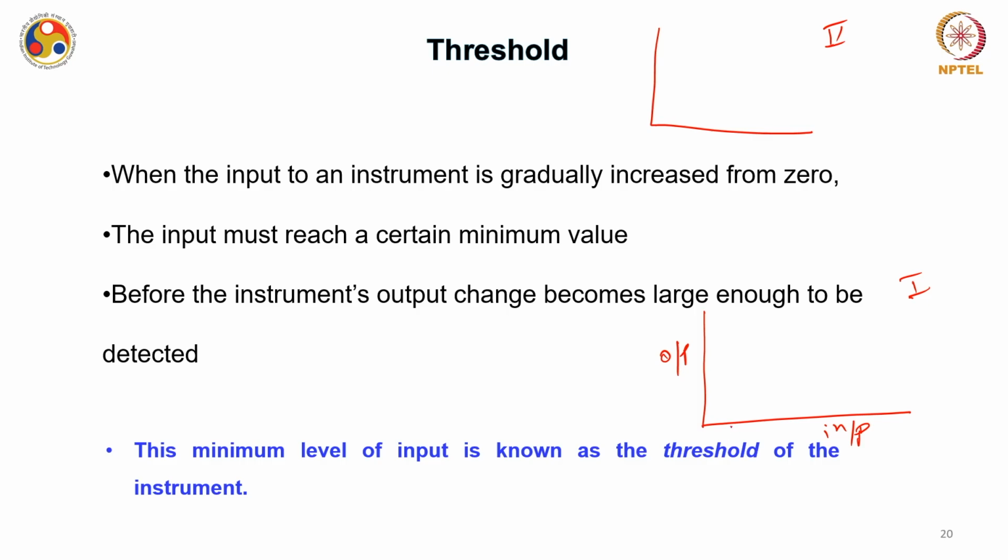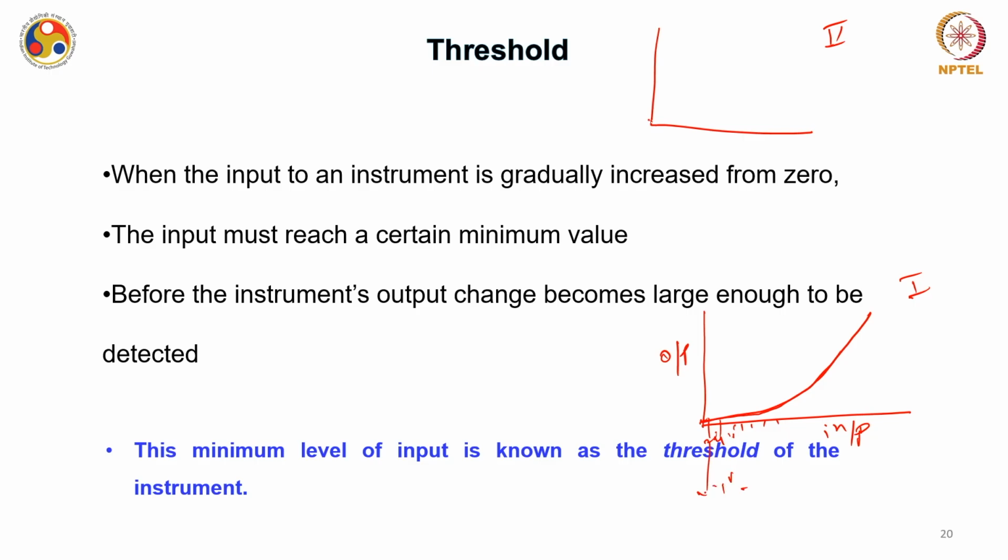The input is in degrees Celsius and the output is given in terms of certain resistance change. When you increase the input, it will not immediately start showing you the result. Say at 4 degrees Celsius, or say at 2 degrees Celsius, it started showing the output. So, the minimum level of input which is required for having a certain output change is known as the threshold. For this case, this 4 degree or 1 degree will be the threshold.